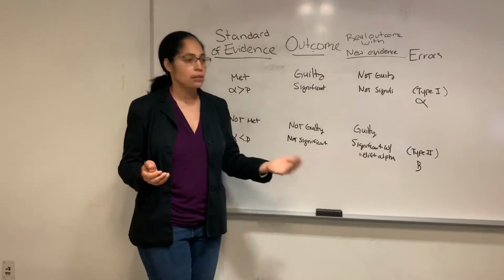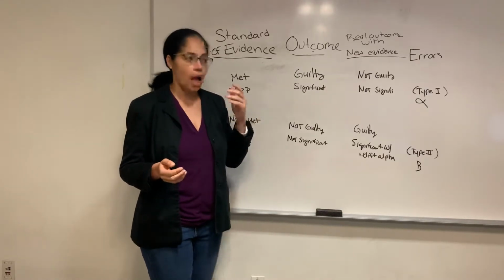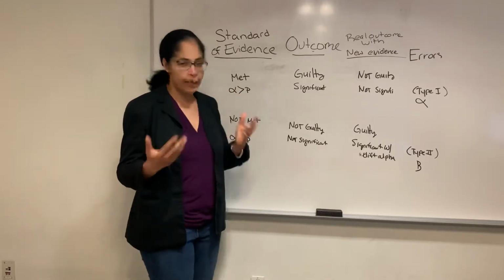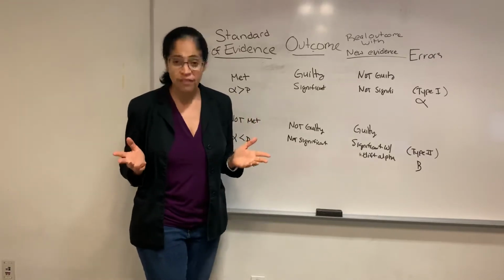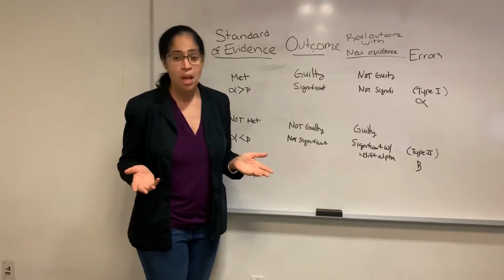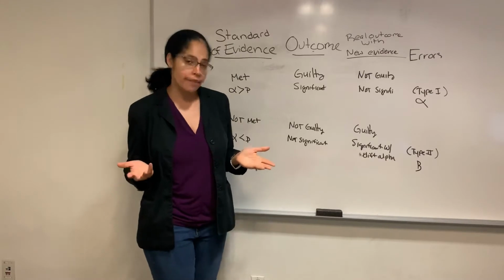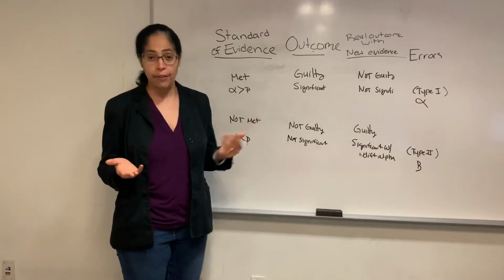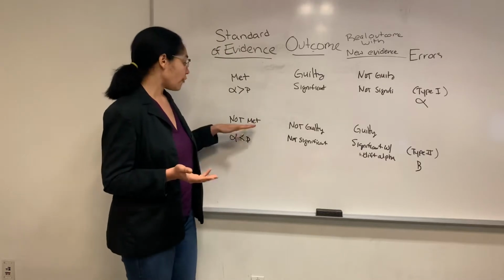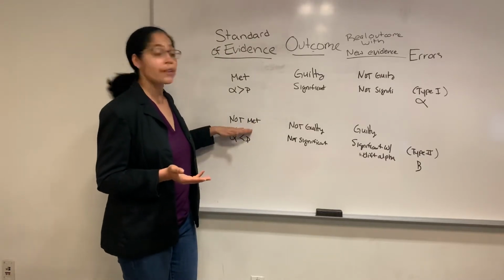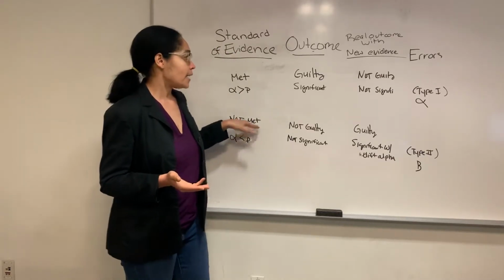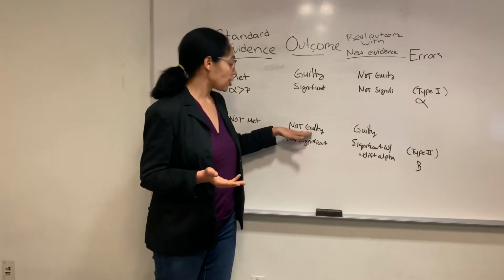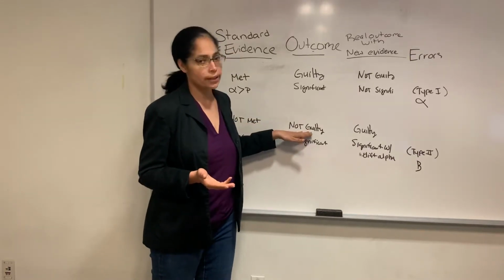They've got eyewitness accounts, documents, character assessments, all this other stuff. They've even found blood at the scene. But there hasn't been any DNA evidence that establishes the guilt of the person on trial. So for that jury, the standard of evidence is not met, and they return a verdict of not guilty.